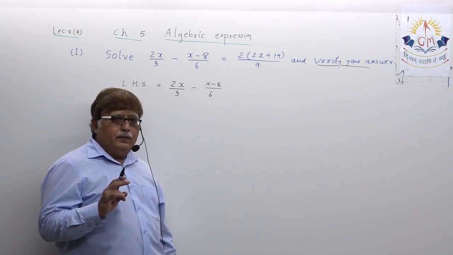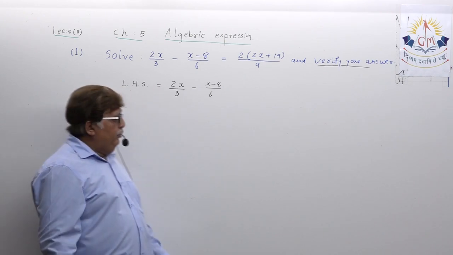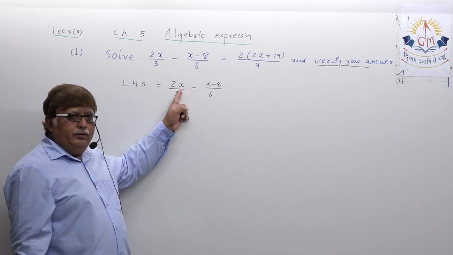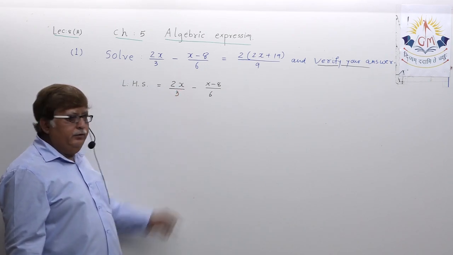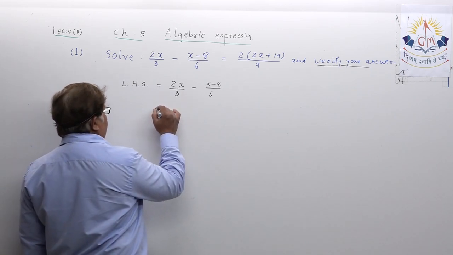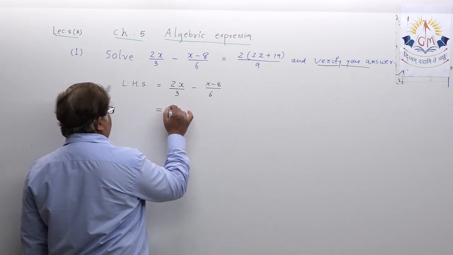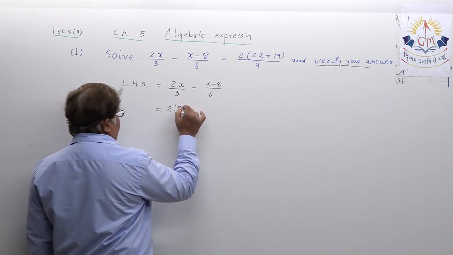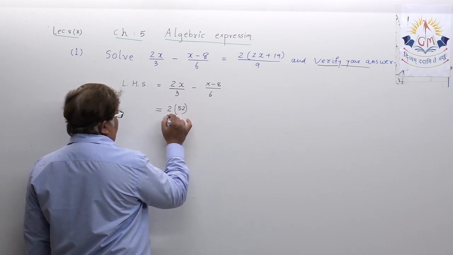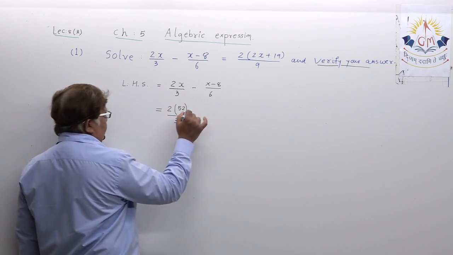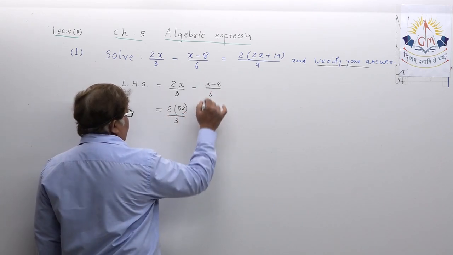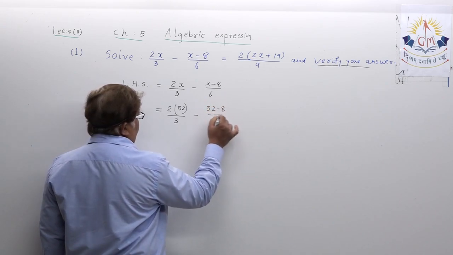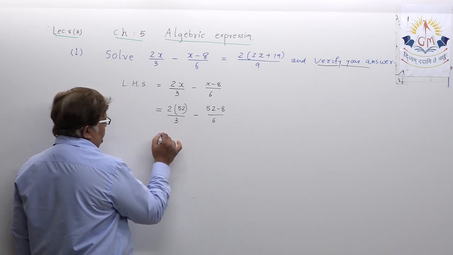Let us substitute 52 everywhere in place of x. 2 into 52 upon 3, please concentrate, dear student, minus 52 minus 8 upon 6.